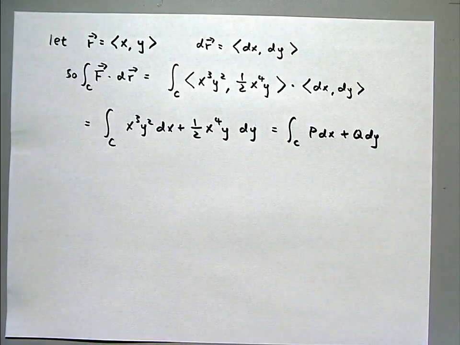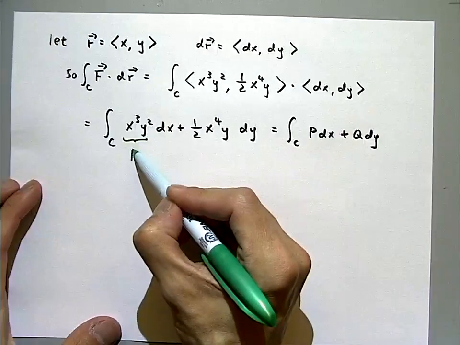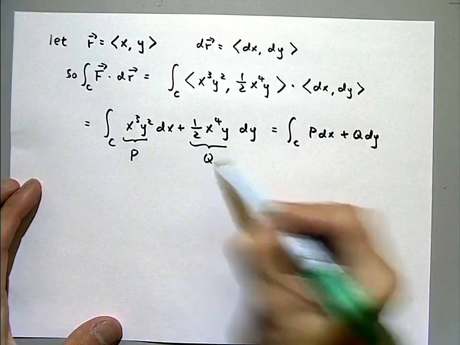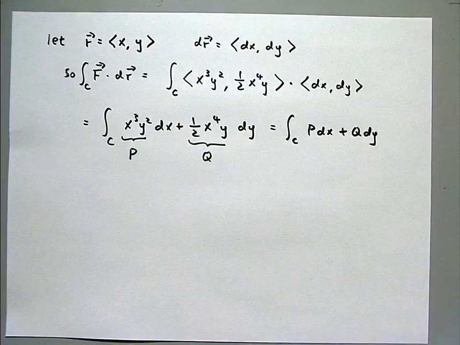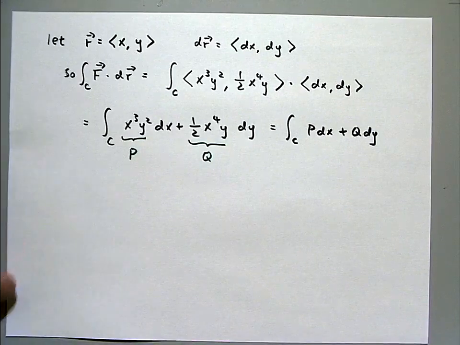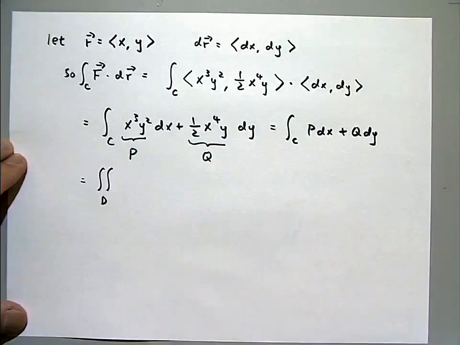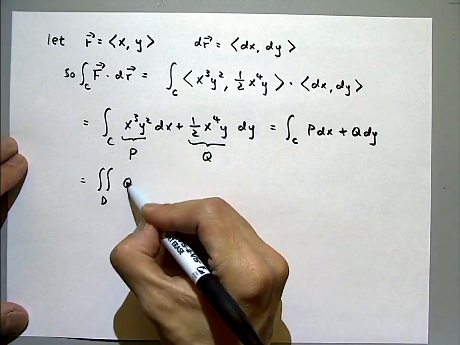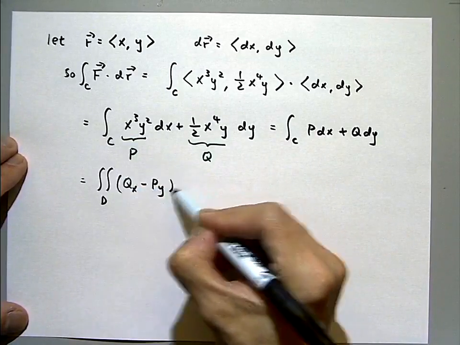This puts us in the familiar form of p dx plus q dy, where this is p, this here is q. And Green's theorem says that this is equivalent to a double integral over the region D, which we'll figure out in a little bit, of partial of q with respect to x minus partial of p with respect to y dA.